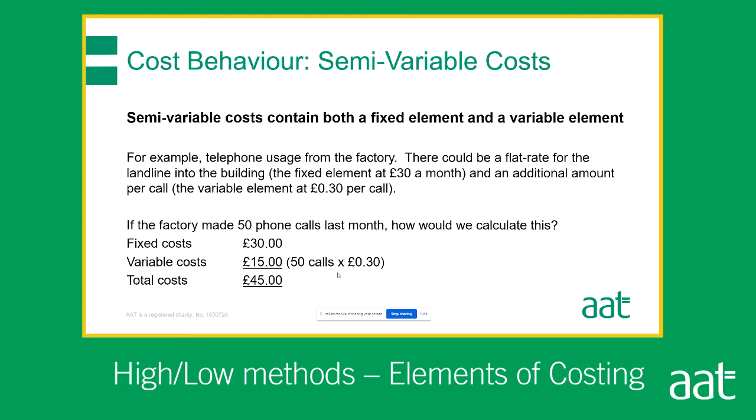So if our factory made 50 phone calls last month, how would we calculate this? It would be fixed costs £30. We would then add the variable costs element of our 50 phone calls times 30 pence per call, which gives us £45, for a total cost.